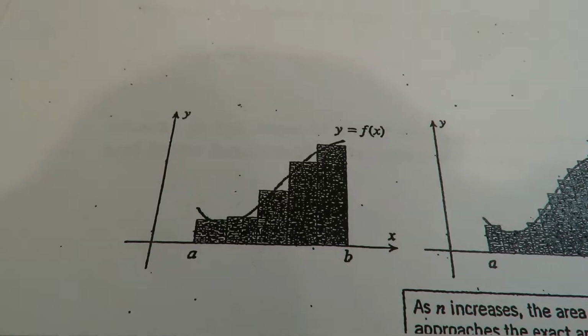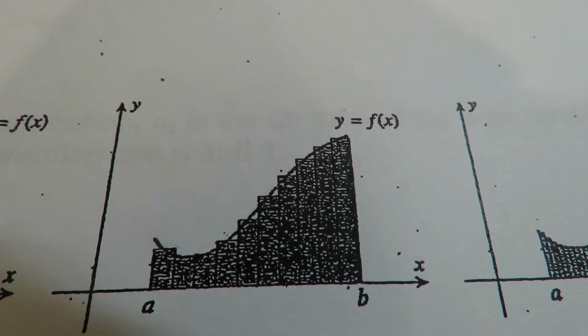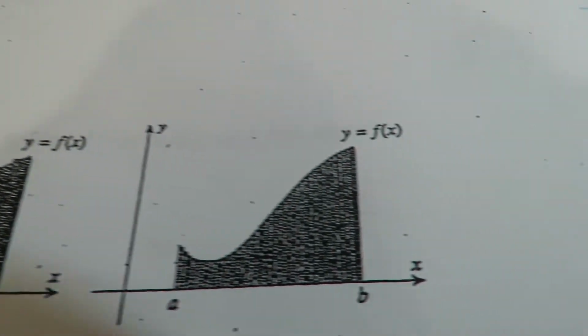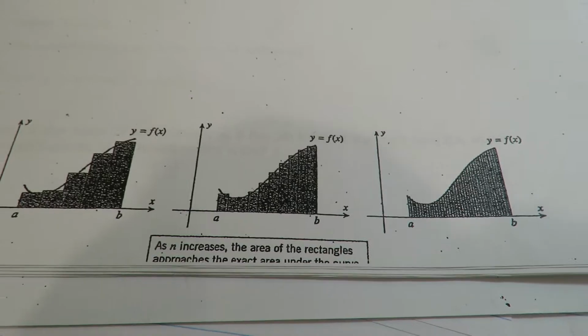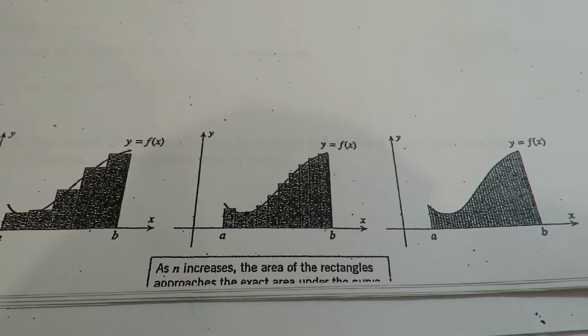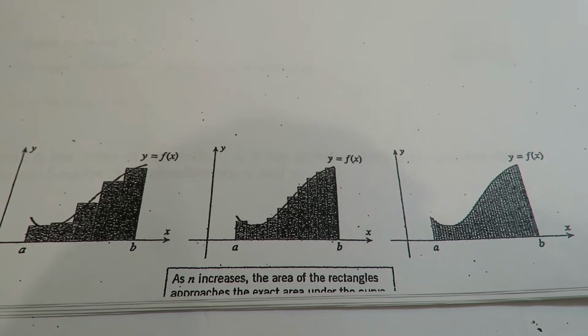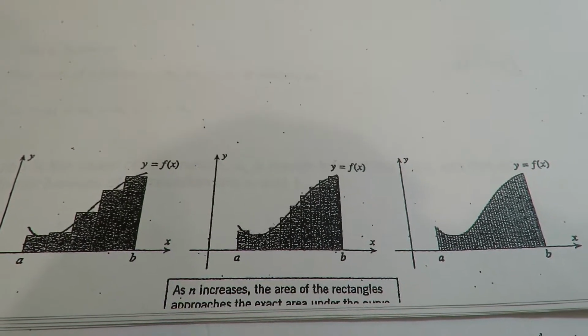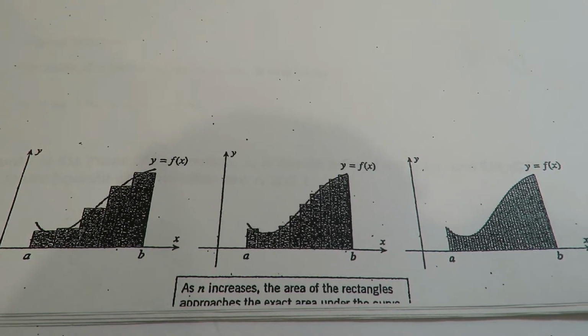Do you think it's number 1, number 2, or number 3? Which one of these three do you think is going to give the best estimate of the area? And why?